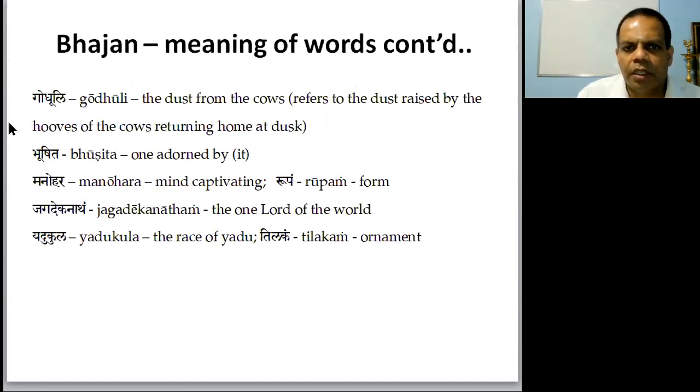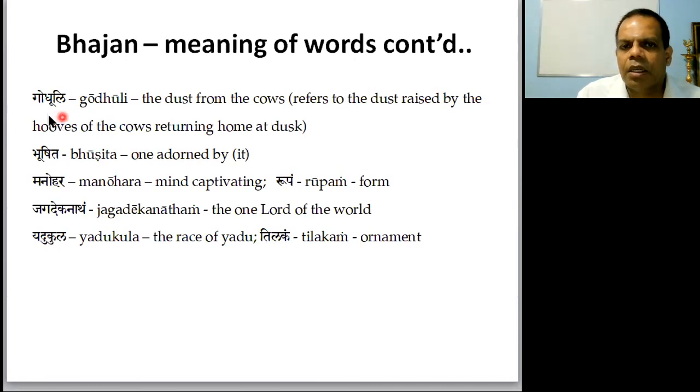Again, you will get to see the letters. Go, dhu. Look at this, the fourth letter in the tha varga. Dhu. Go, dhuli. Dhuli is actual dust.